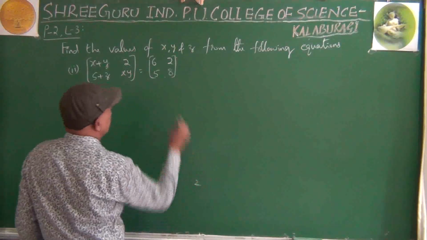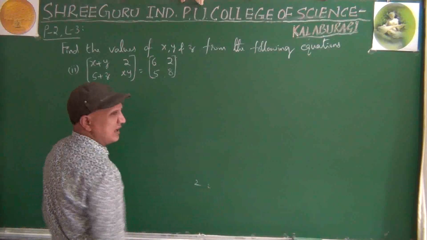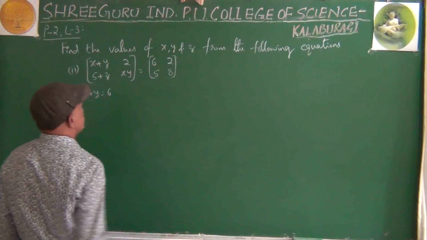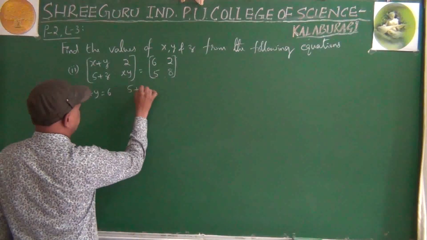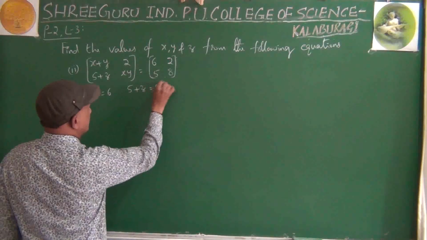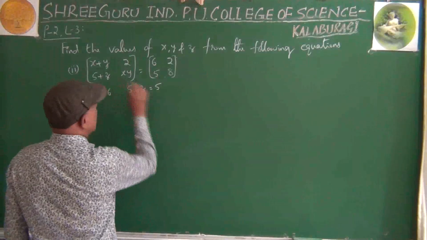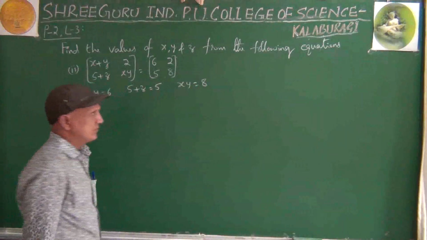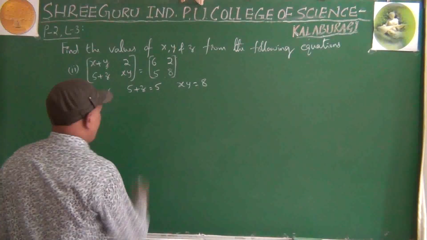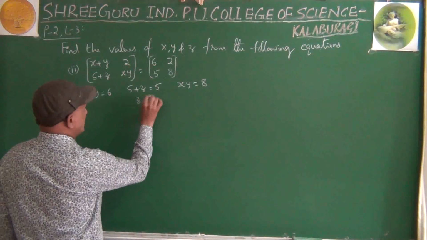A12: 2, A12: 2, both are equal, not necessary. A21: 5 plus z, A21: 5. A22: xy, A22: 8. That's it, equating over, and very simply we get the z value.